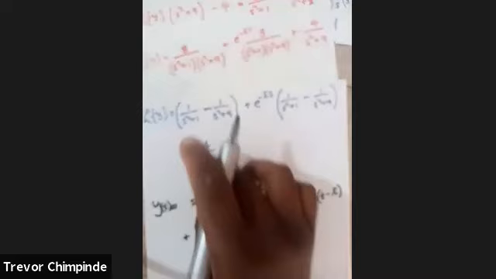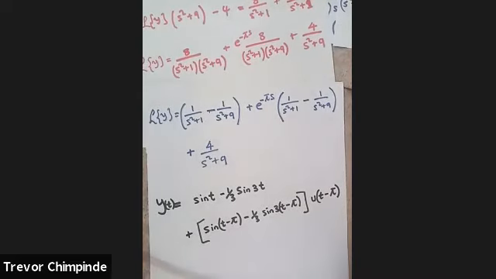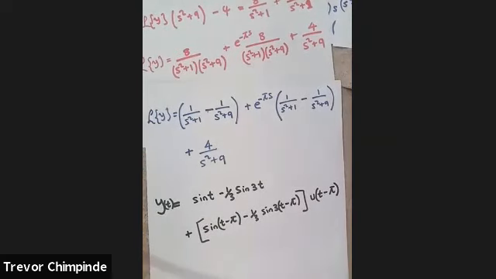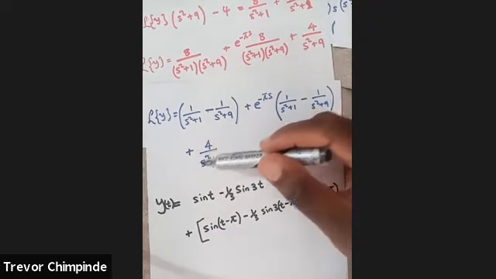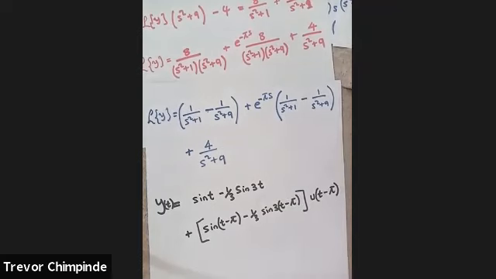And the last one is 4 over s squared plus 9. I can even write it here. Anybody to help with this one? I think 1 over 12 sine 3t.